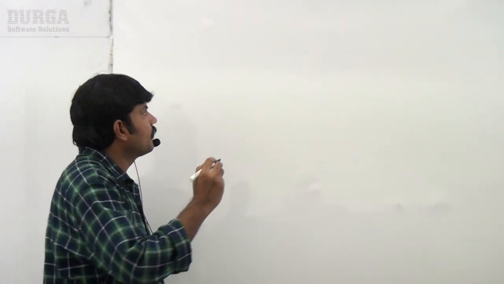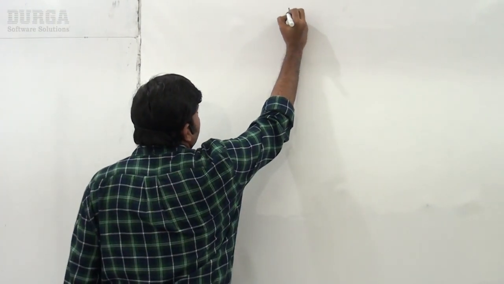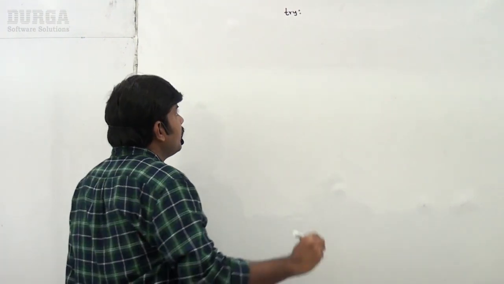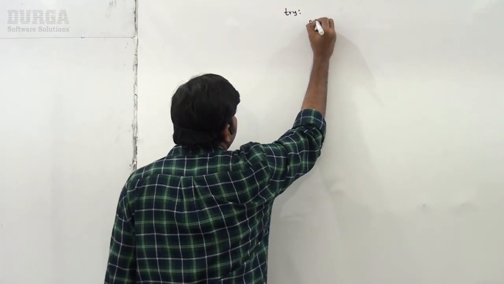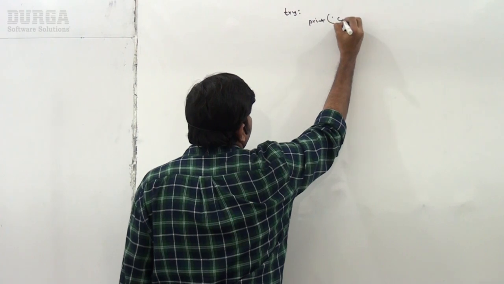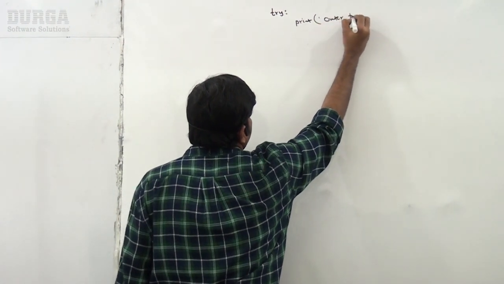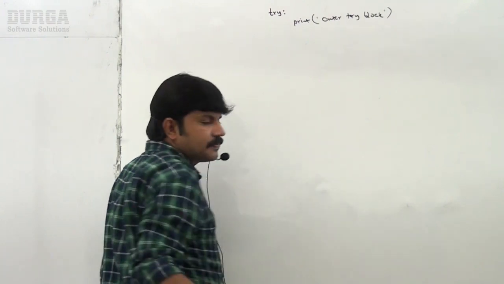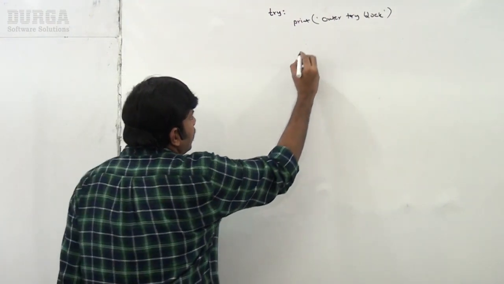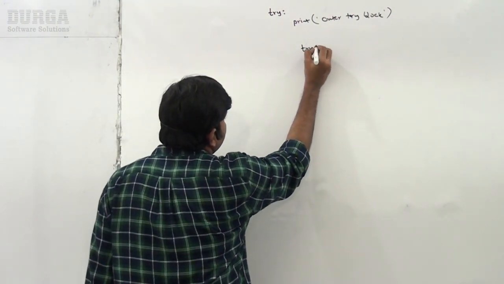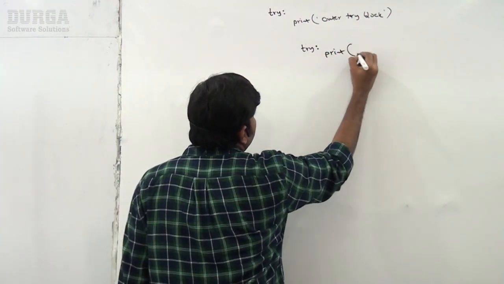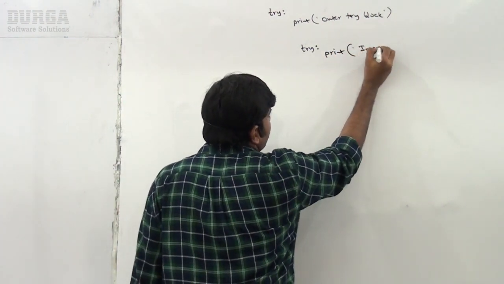Here, see this one. Here I am taking a try block. Observe very carefully, sir. Try block. Now here print outer try block. Outer try block I am taking, sir. Next here I am taking try, print inner try block.